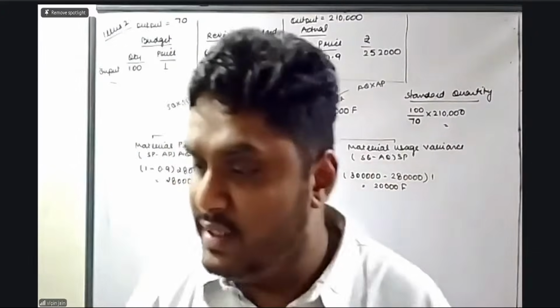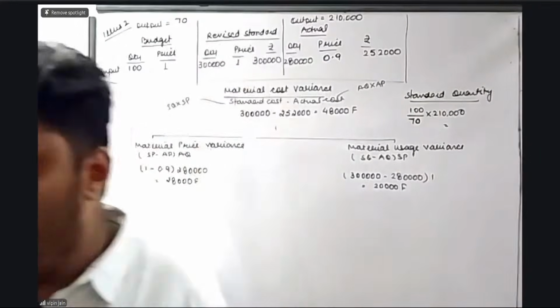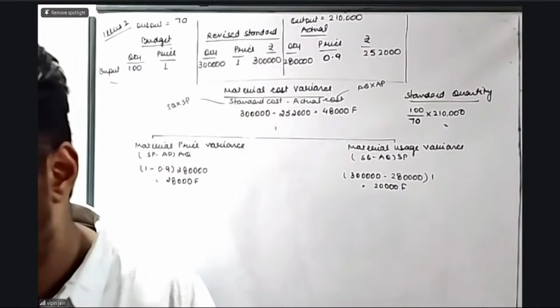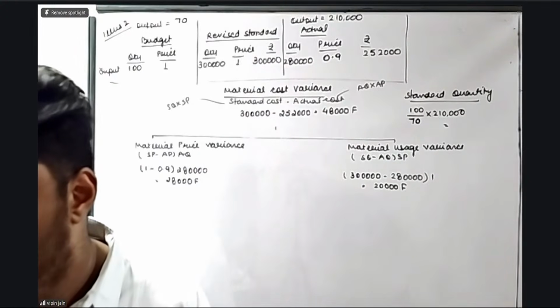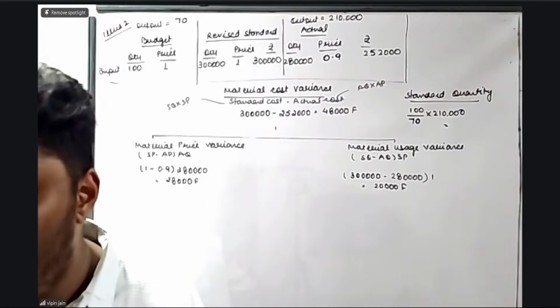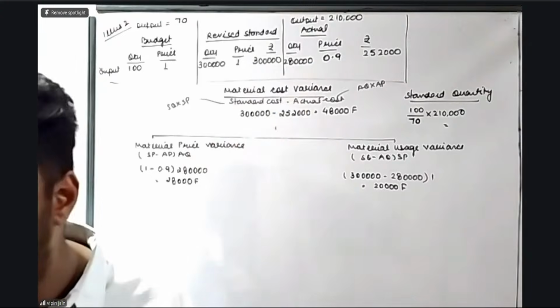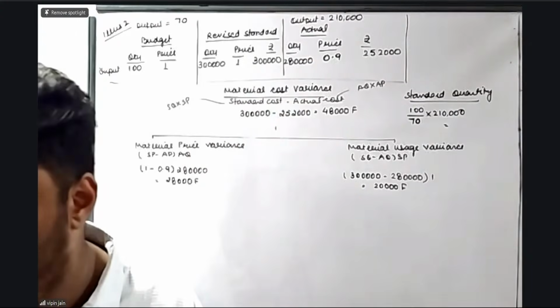So I hope this part is clear to all. Anyone with any doubts or queries? So whenever you see a question on material variance, try to arrange it in this format.